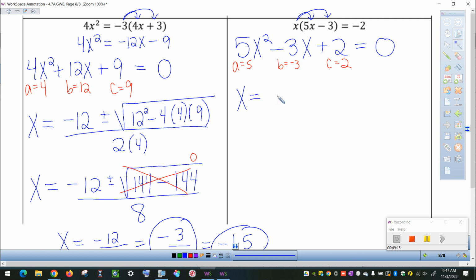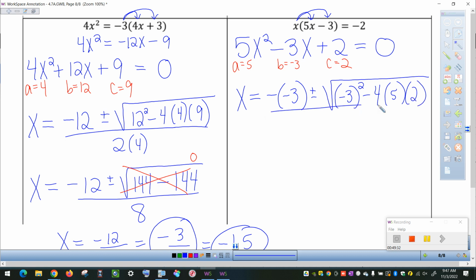All right, let's start to fill these pieces in. I have a negative b value again, so I'm just going to use some extra parentheses anytime I plug in the b. Negative, the negative in front of the negative 3, that's going to make it positive 3. The denominator here is going to be 10.